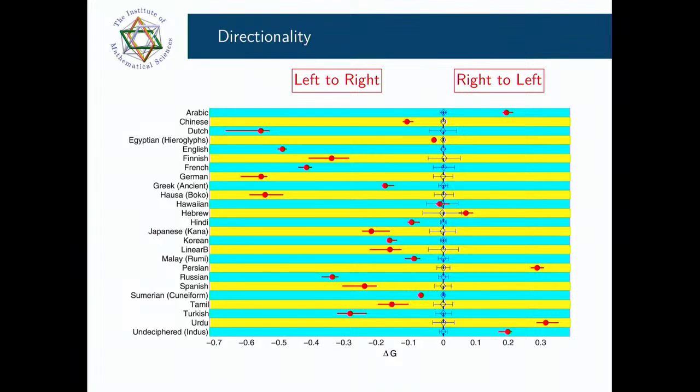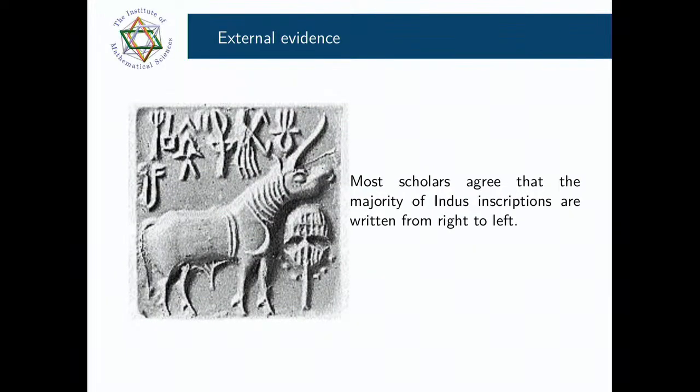Our finding is also consistent with the archaeological majority site, right? So in this way we can use any unknown script to get its directionality. This kind of work we can do by computational methods.